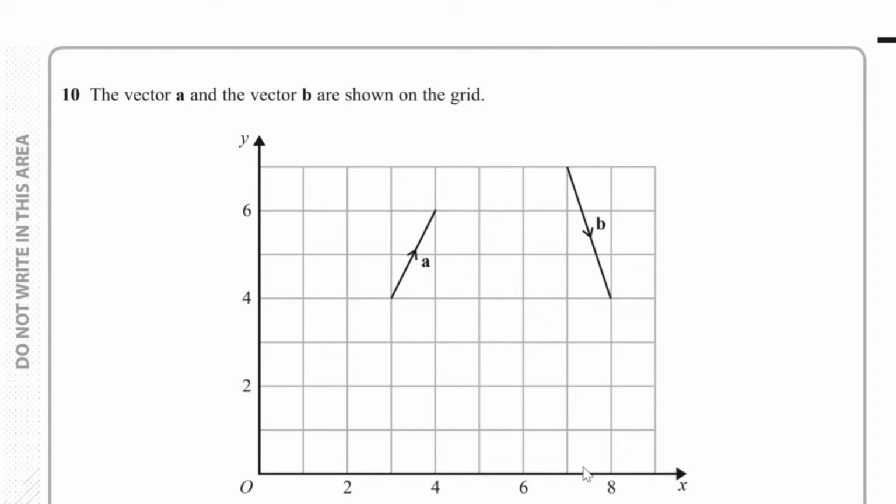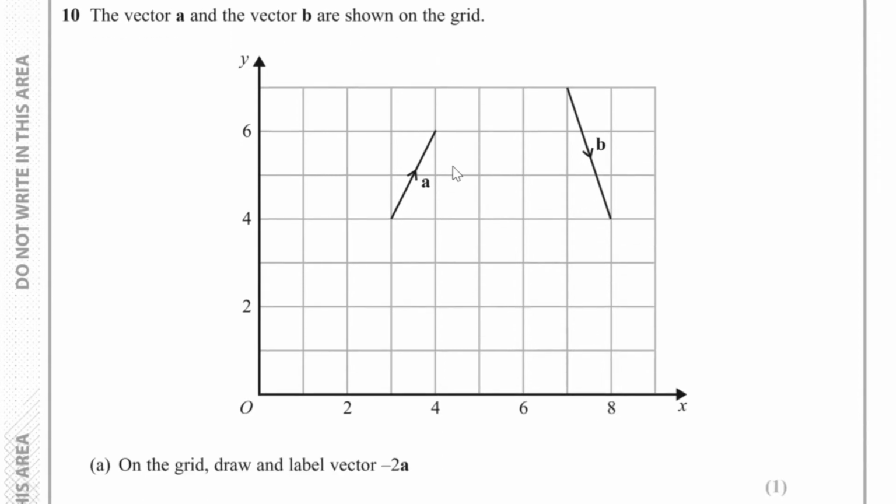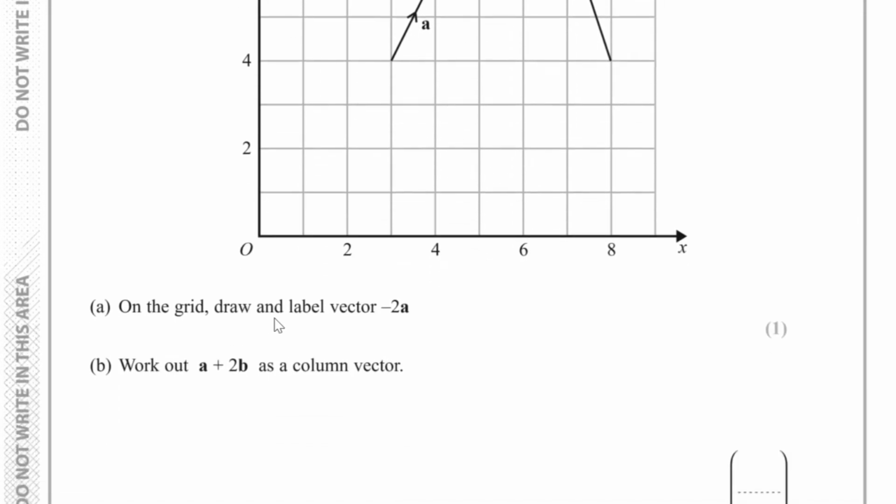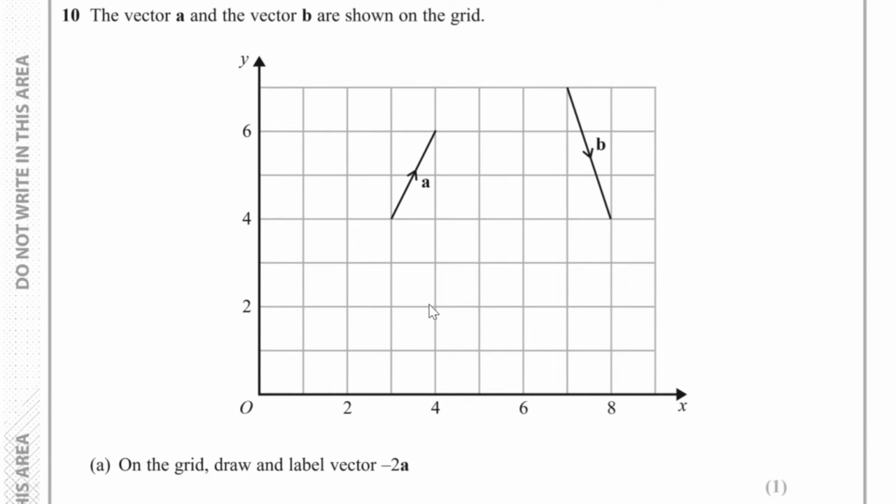Question number 10. The vector A and the vector B are shown on the grid, and for part A, we have to, on the grid, draw and label the vector minus 2A.